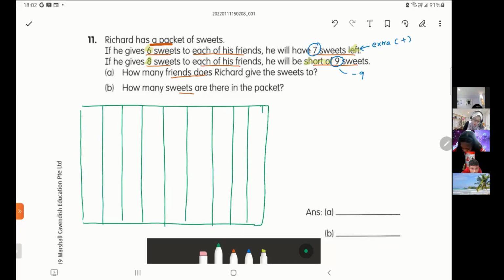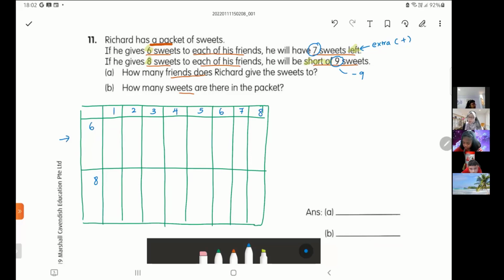Then we are going to cut it out into the groupings. Don't copy, just look at how I do this. Okay, then 1, 2, 3, 4, 5, 6, 7, 8. Over here at the left hand side, we are going to put multiples of 6. Then I'm going to cut out the next row for multiples of 8.